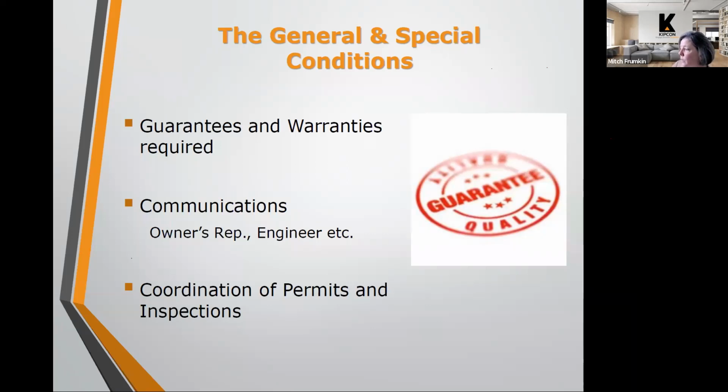But what that will ensure is that within a year after they leave the site and that project is completed, if there's any sort of damage or deterioration that happens as a result of the workmanship, that they will address that. So that time period is spelled out in the contract documents.